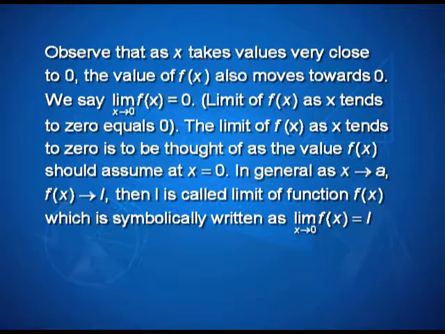In general, as x tends to a, f of x tends to L. Then L is called the limit of function f of x, which is symbolically written as limit f of x is equal to L as x tends to a.